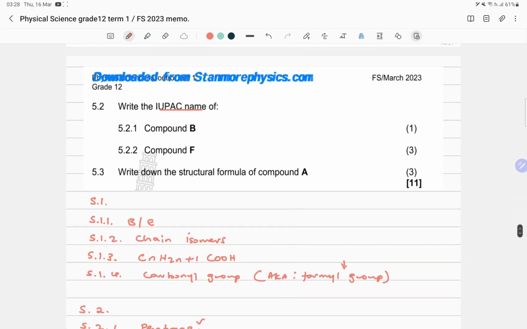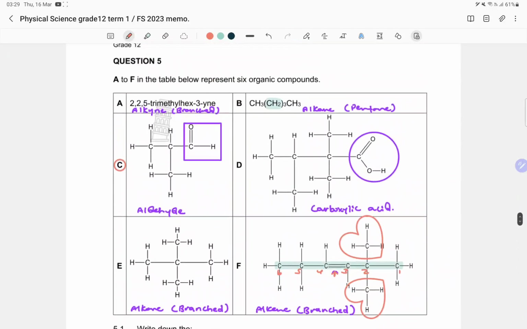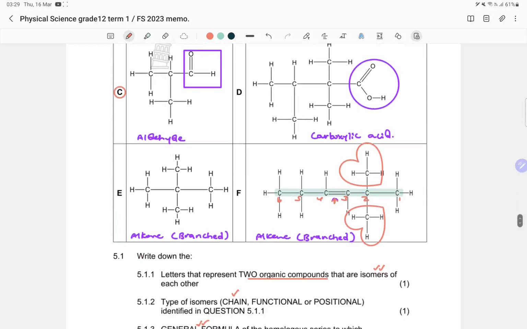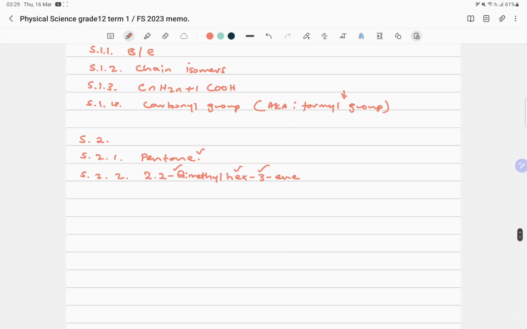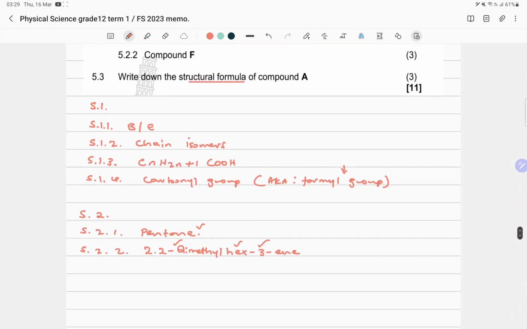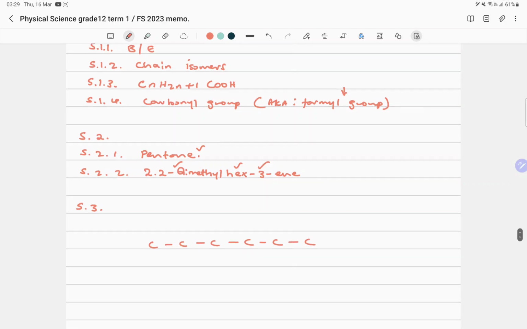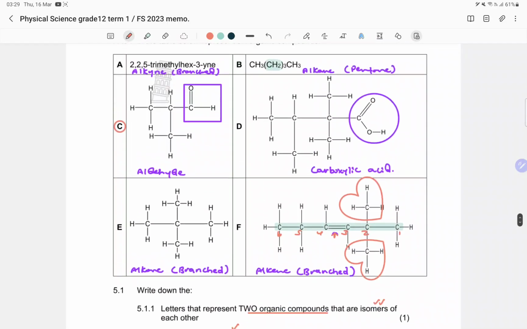So now it says write down the structural formula of compound A. Now compound A, the longest chain is a hexane, so we're going to start with that one. Okay, this is 5.3. So we're going to start 1, 2, 3, 4, 5, 6. So where's the double bond?